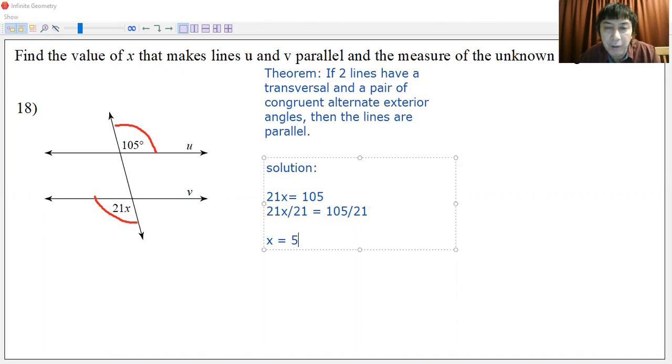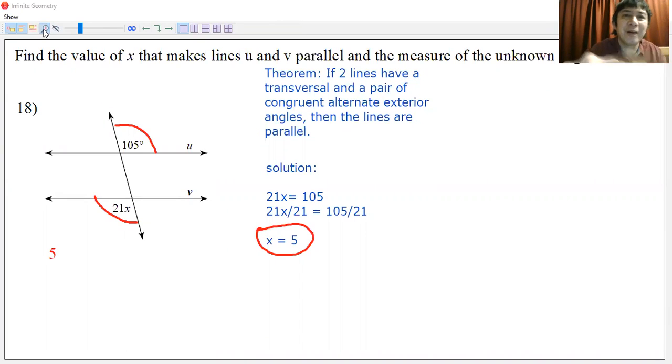5, okay? Yes, that should be 5. And so our x is 5, all right? How about the computer? It's a 5, okay? Right there. So this is correct. All right. So we can now continue with the angles. Let us solve for the angle. One of the angles is given 105.